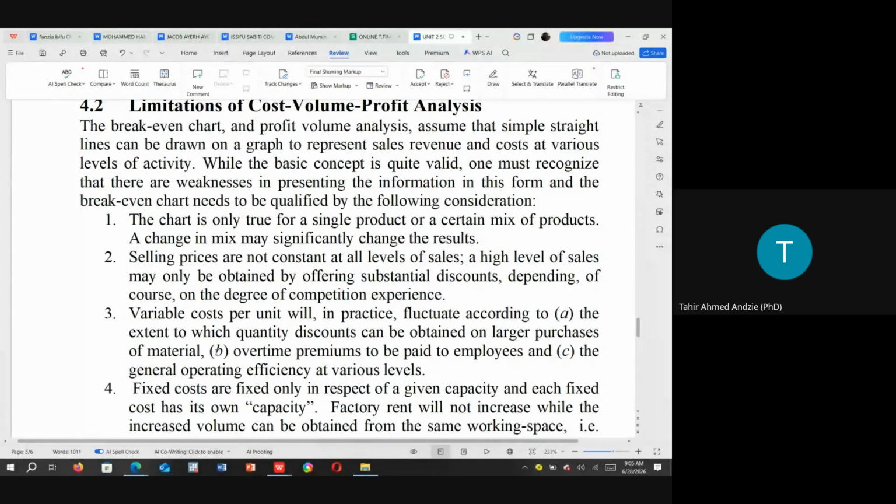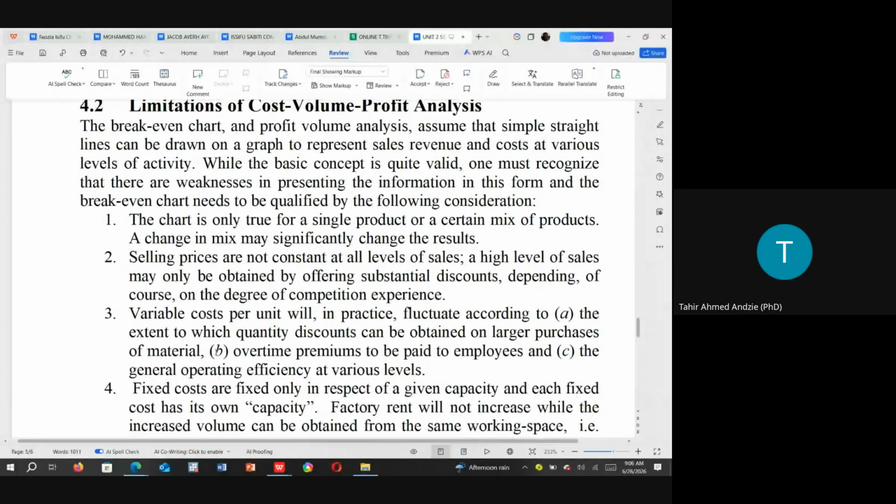Sometimes the variable cost of production could also be reduced by the premium bonus that is paid to employees, which increases our output. And then general production efficiency, all of this can affect the variable cost we are incurring. So it is not always possible that we can keep the variable cost per unit constant.